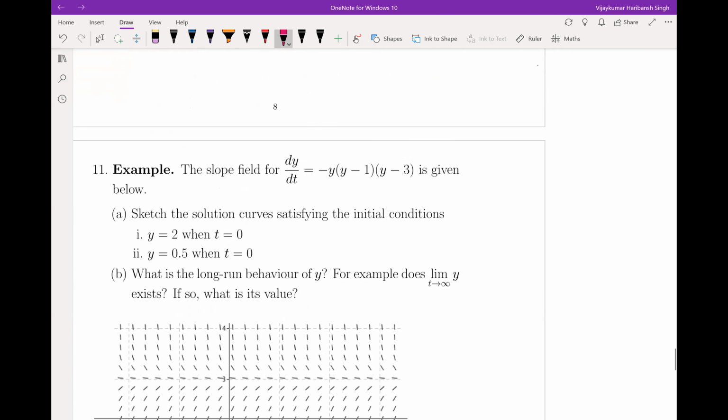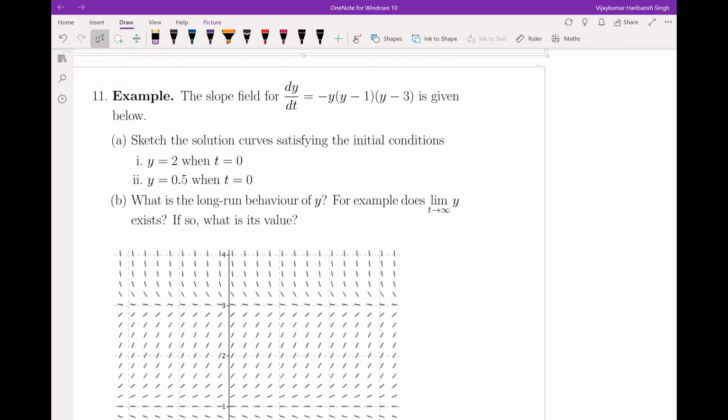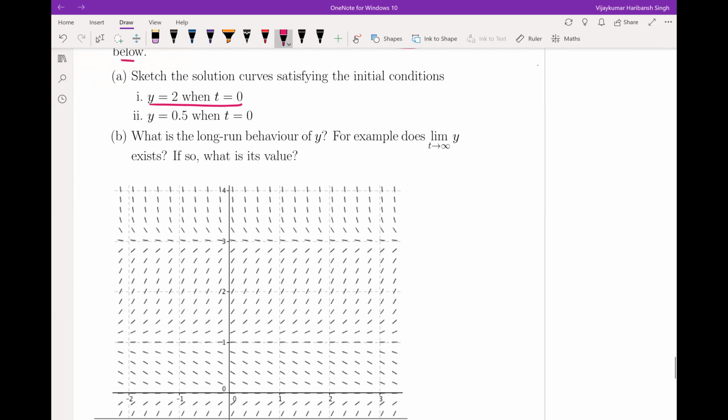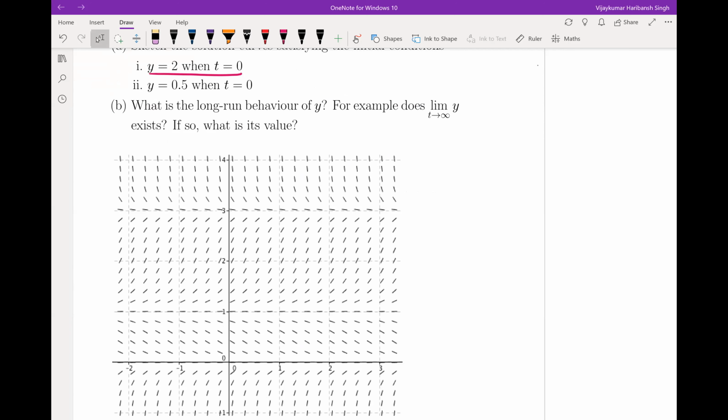So now let's look at another example. Consider the slope field dy by dt equals minus y times (y minus 3). The slope field is given below. Sketch a curve whose initial condition satisfies y of 0 equals 2. So let's go here and see where y of 0 is 2.